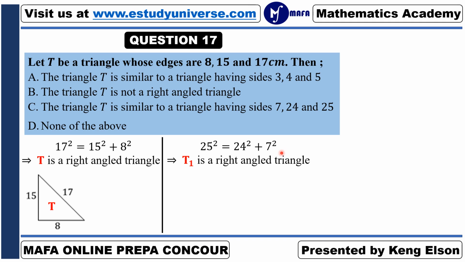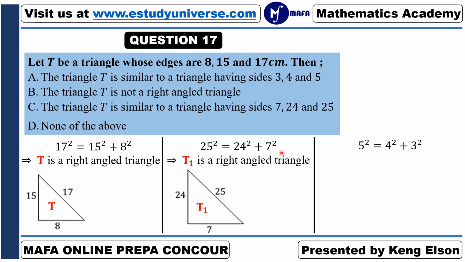So our T1 is a right angle triangle. Here is a sketch. The first basic Pythagorean triplet is 3, 4, 5, since 5 squared is 4 squared plus 3 squared. So T2 is a right angle triangle, and that is a sketch. So it therefore means that option B is wrong, which is saying that T is not a right angle triangle, since we already identified that it's actually a right angle triangle.